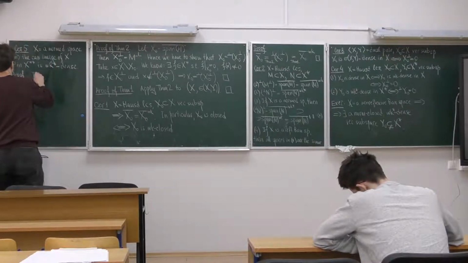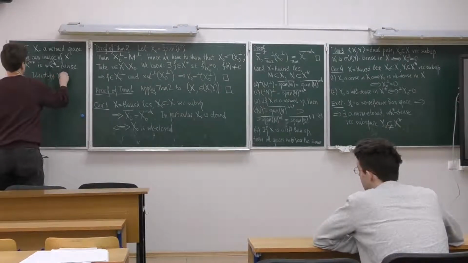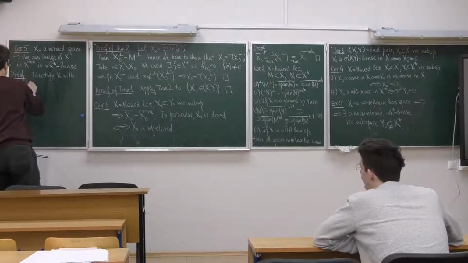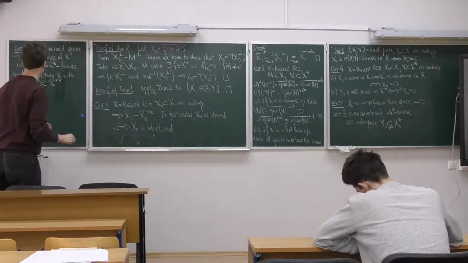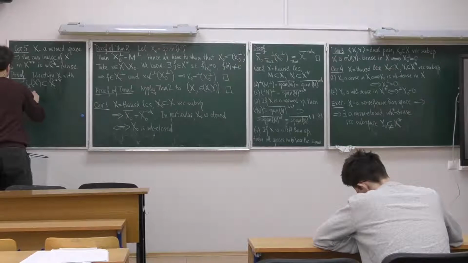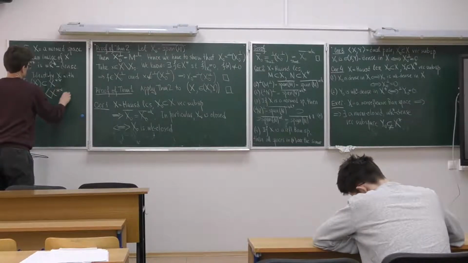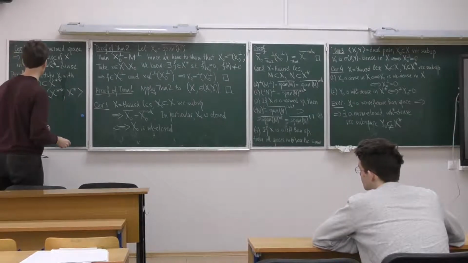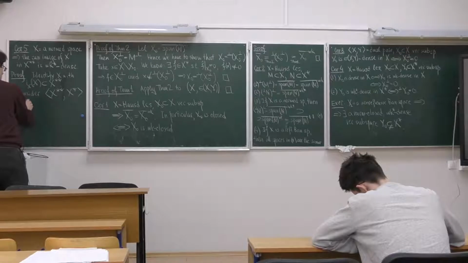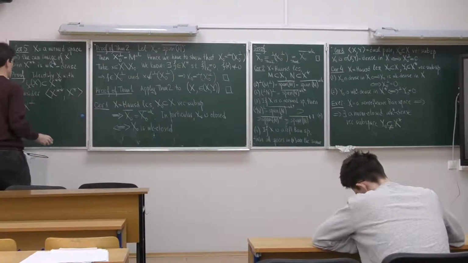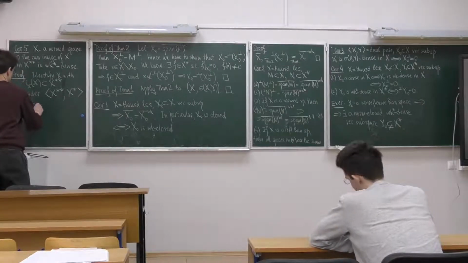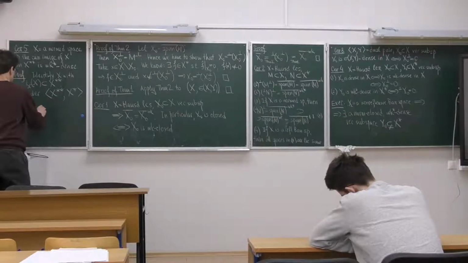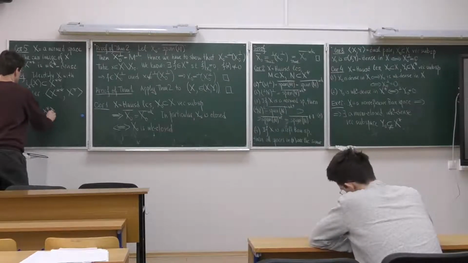If we identify X with its canonical image in the bidual and consider the dual pair X double star and X star, then the annihilator of X, which sits in the dual X star, is 0.